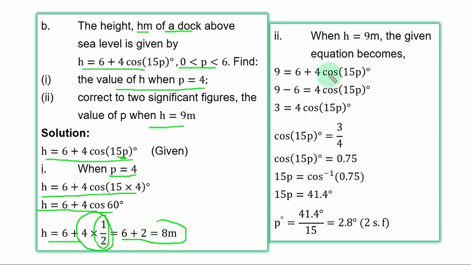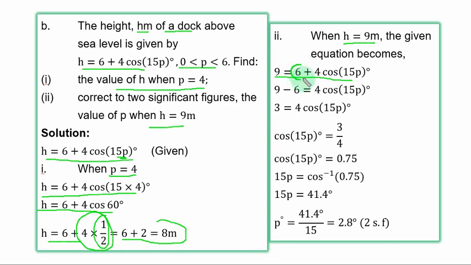Now for 2. When h is equal to 9 meters, find the value of p. So you take the given expression and you replace h with 9. So you have 9 equal to 6 plus 4 cos 15p, all in degrees. You first collect like terms.